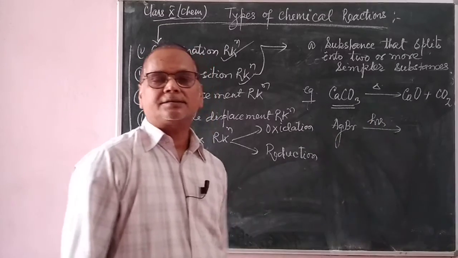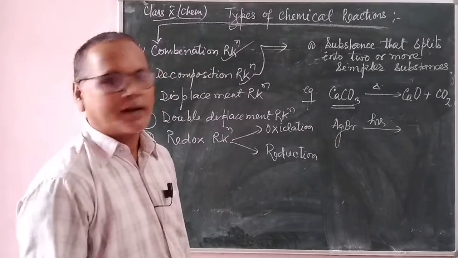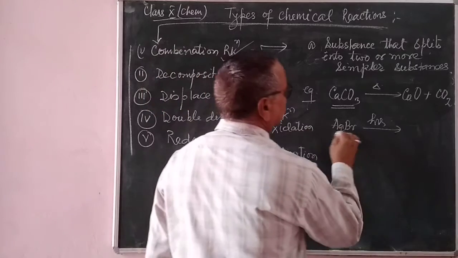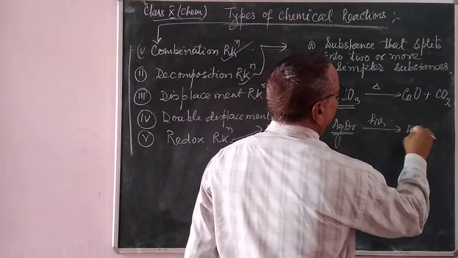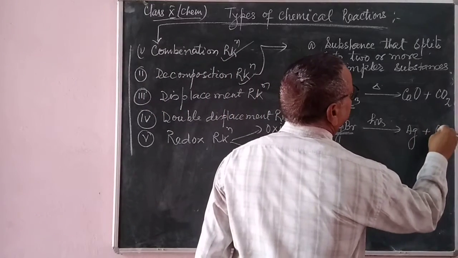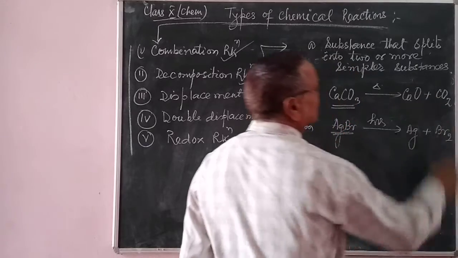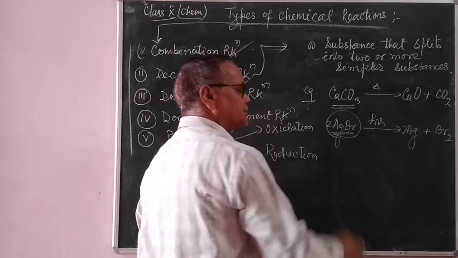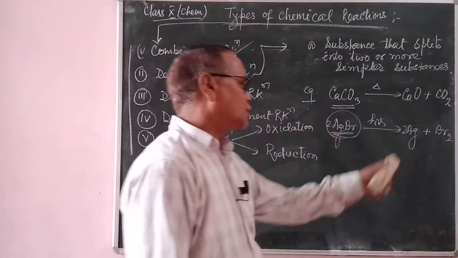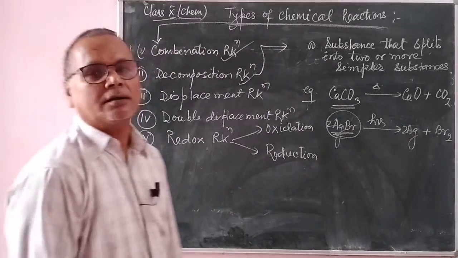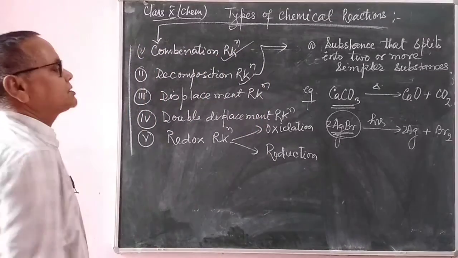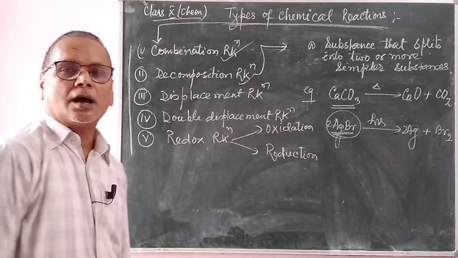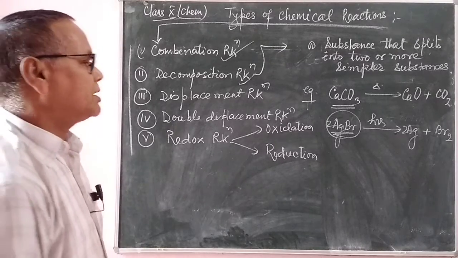When light is exposed on silver bromide, it will decompose into silver and release bromine. So this substance splits into two other simpler substances. These are called decomposition reactions.